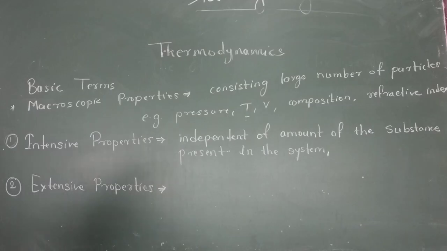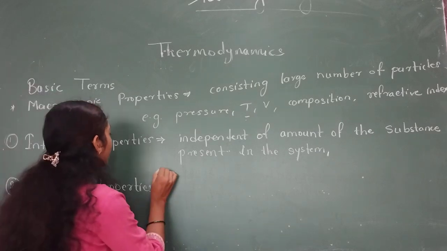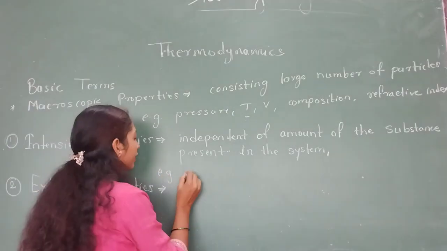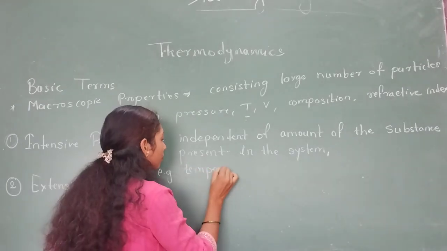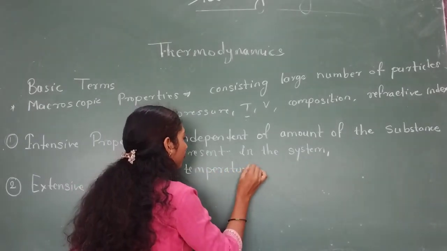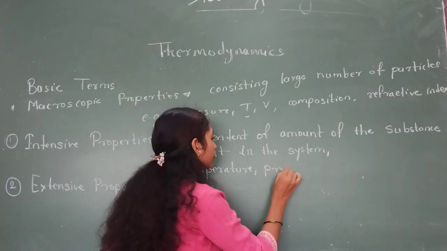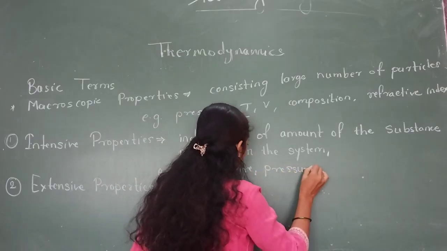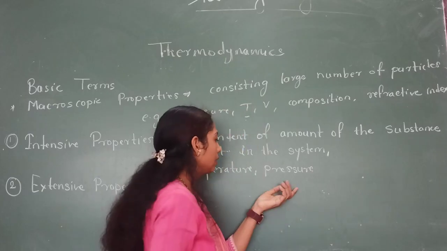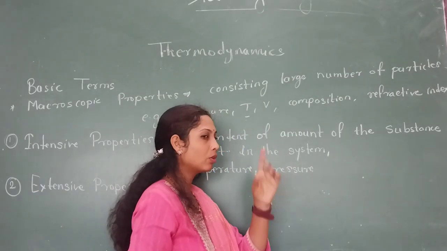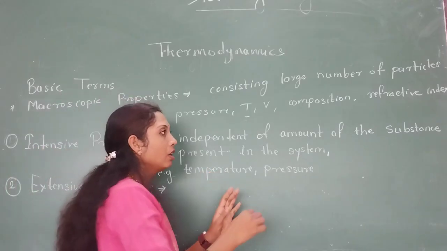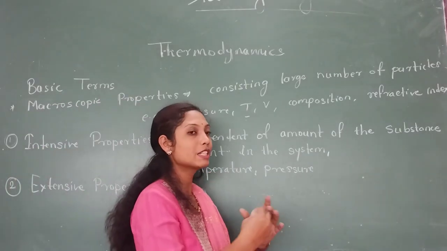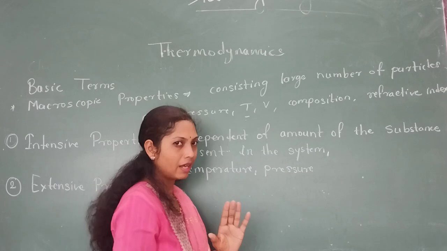Temperature, pressure, density, viscosity. For example, pressure does not depend on the amount. We can calculate for 1 mole also or 1 kg also. If the amount of the substance is increased, then the temperature increases?